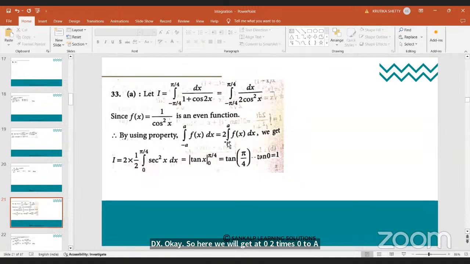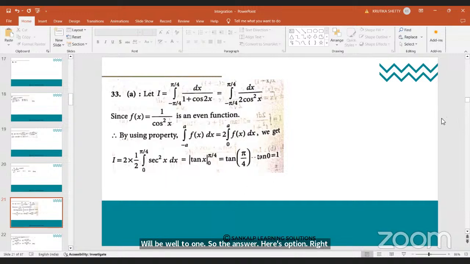So the answer A will be the right answer, because we get the integration as secant square x, and the integration of secant square x is tan x from 0 to pi by 4. When we substitute we get tan pi by 4 minus tan 0, which is equal to 1. So the answer is option 1.